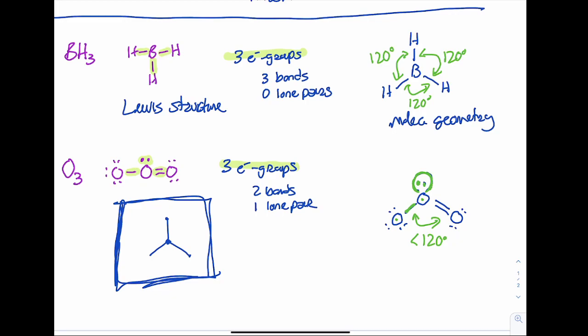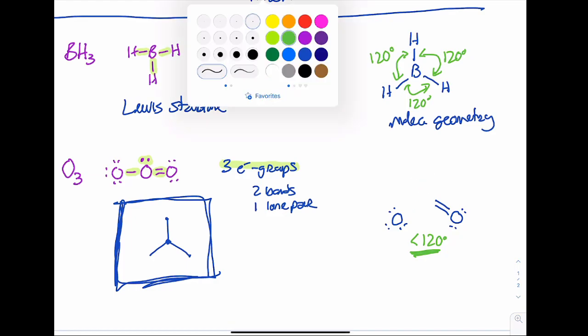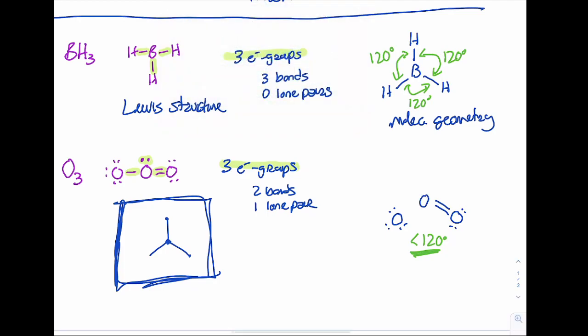They kind of puff out, which is the other reason I want us to draw that electron cloud. Because those lone pairs take up a little bit more space, it's actually pushing those bonds a little bit closer to each other. So that angle between my bonds turns out to be a little less than 120 degrees. So less than 120. I'm just going to get rid of the green here and make it look normal again.